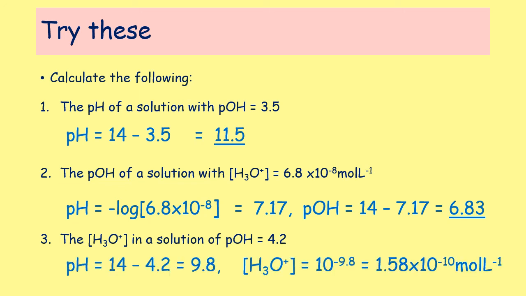So pH was going to be 14 minus 4.2, which is 9.8. And then the concentration of H+ or H3O+ ions is 10 to the power of negative pH. So that's 10 to the power of minus 9.8 in this case, which by my calculations worked out to be 1.58 times 10 to the minus 10.